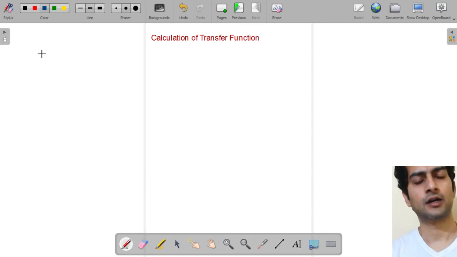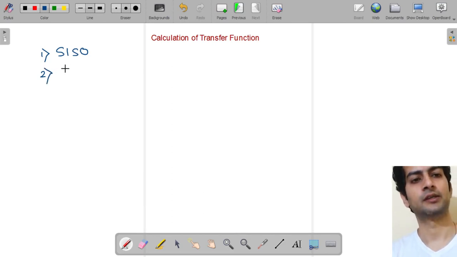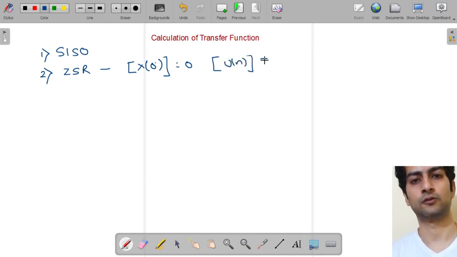Suppose we have a SISO system, that is single input, single output, and suppose we have taken initial condition 0, that is, we have taken the zero state response, where the initial condition is 0 and the input is not 0.